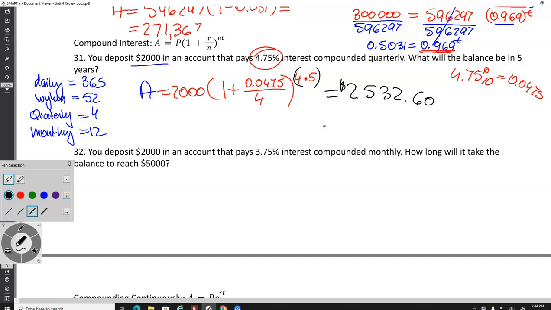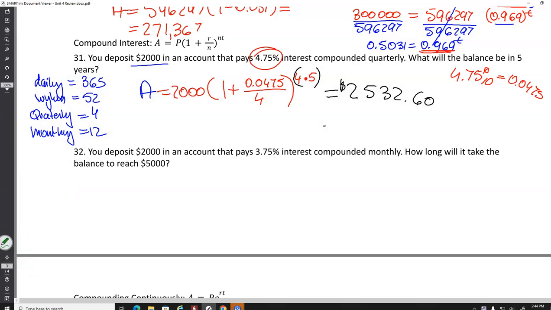Next question talks about you deposited $2,000 in an account that pays 3.75% interest compounded monthly, so that's 12. How long will it take for the balance to reach 5,000? So now you have an outcome. That means instead of the A, we're going to have 5,000, because you want to know how long it is going to take you to get there.